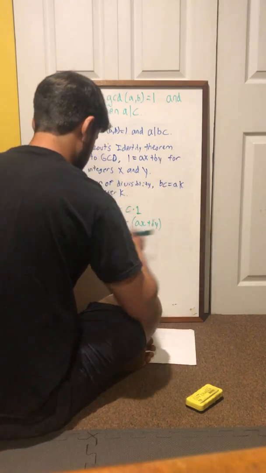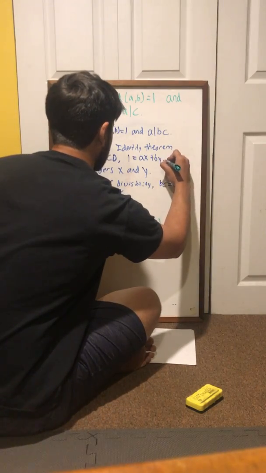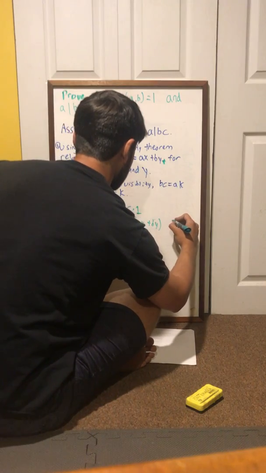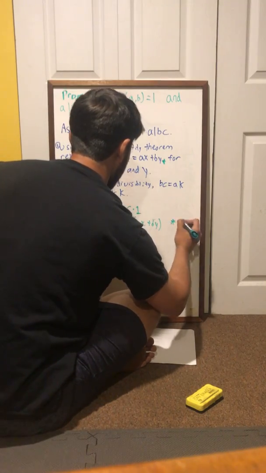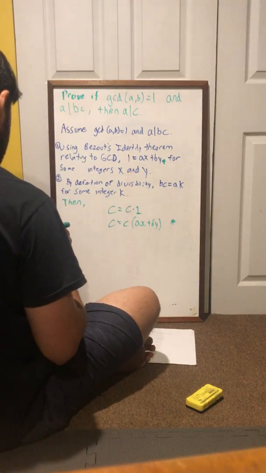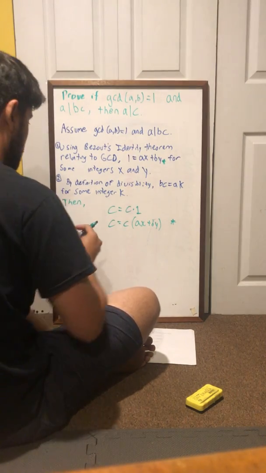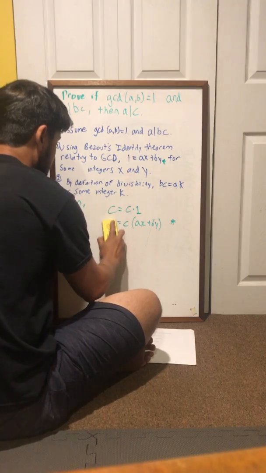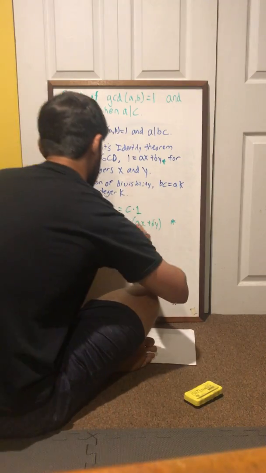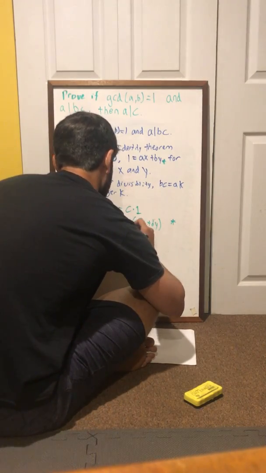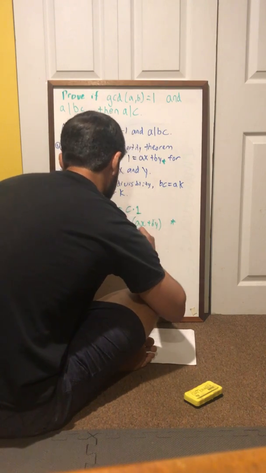Let's put a little star here. That's where we got this from, so when we go back later, we'll understand right where we got it. We actually don't need to keep bringing this down. Now we're going to distribute using distributive law.